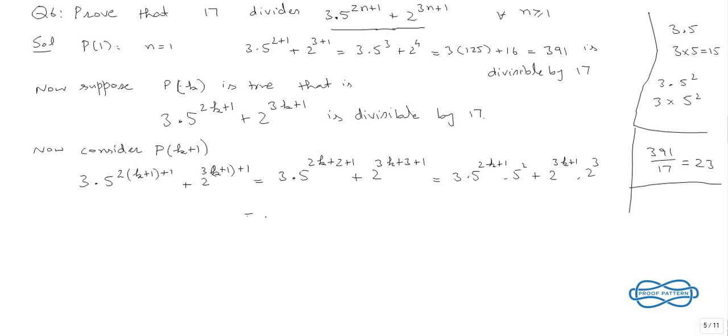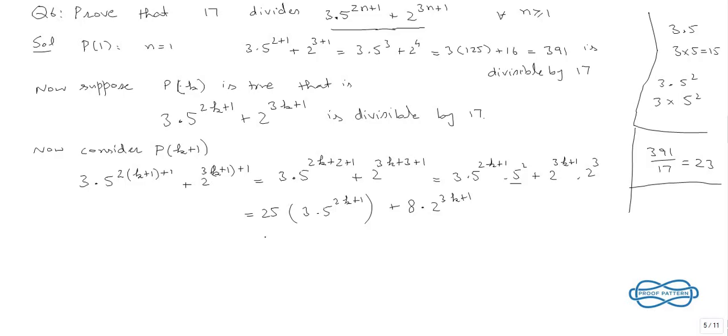That is equal to, actually, if we take this 5 squared as 25, it will be 25 into 3 into 5 to the power 2k plus 1, plus this 2 to the power 3, which is 8, times 2 to the power 3k plus 1.